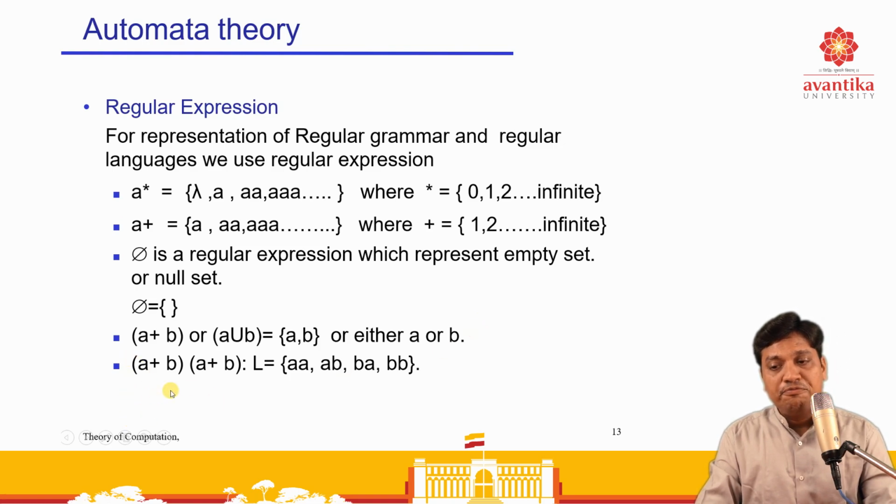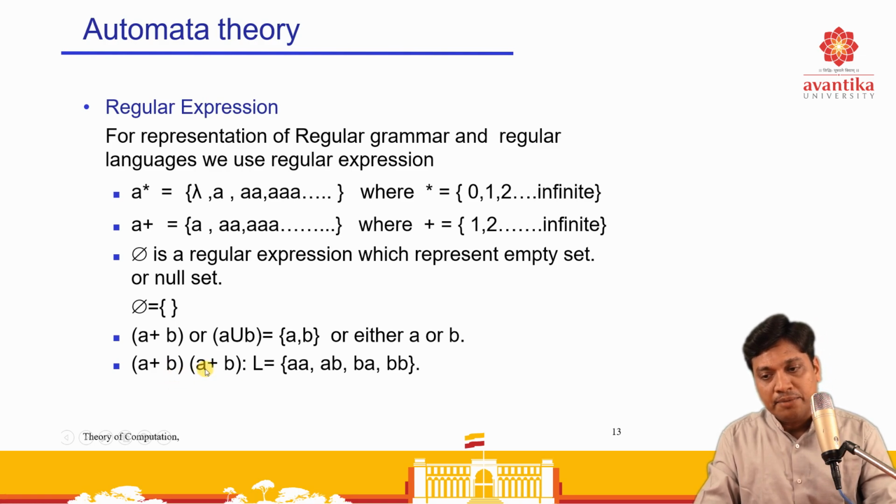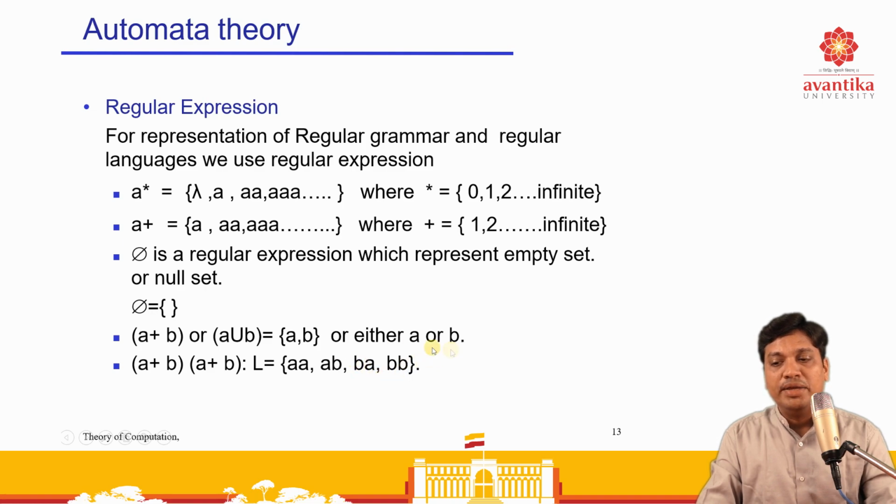Second, if we multiply (A plus B) with (A plus B), see the result in a particular language set: AA, because the first A multiplies with the first A, the first A again multiplies with the second B. Now the first B multiplies with the second A and the first B multiplies with the second B. So the overall result is AA, AB, BA and BB in the form of strings.